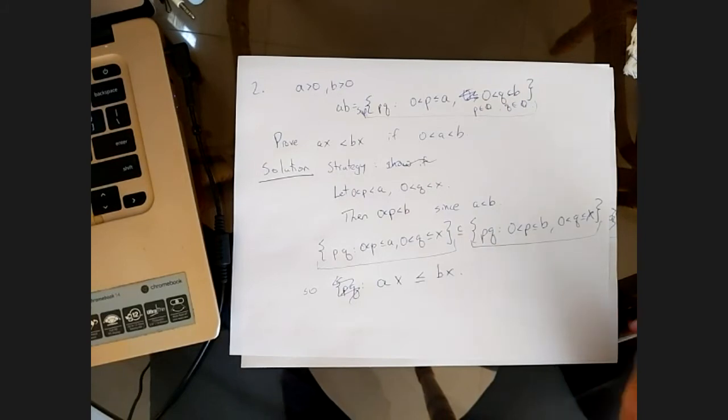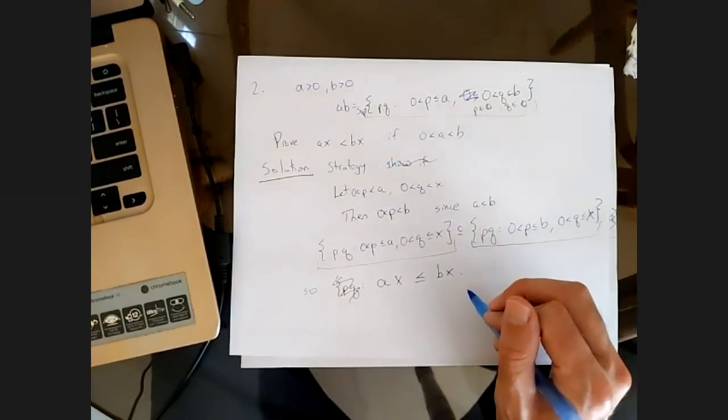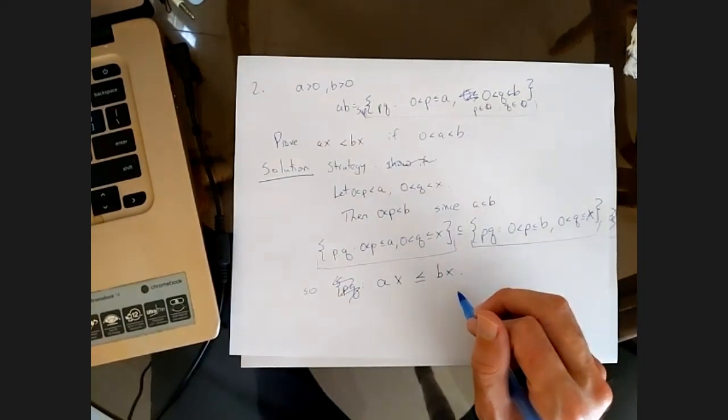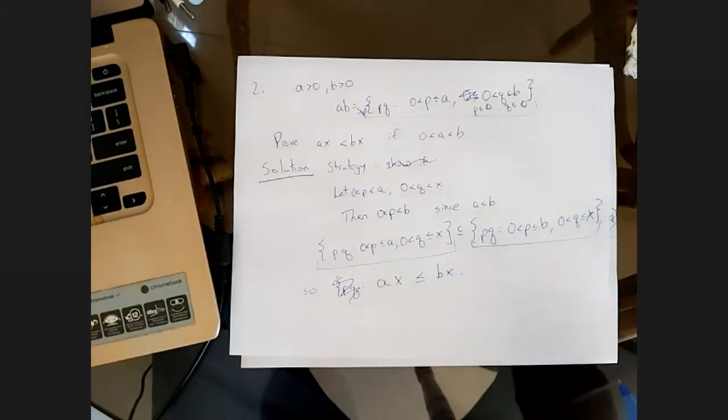So we can establish AX is less than or equal to BX. And now we just want a strict less than.